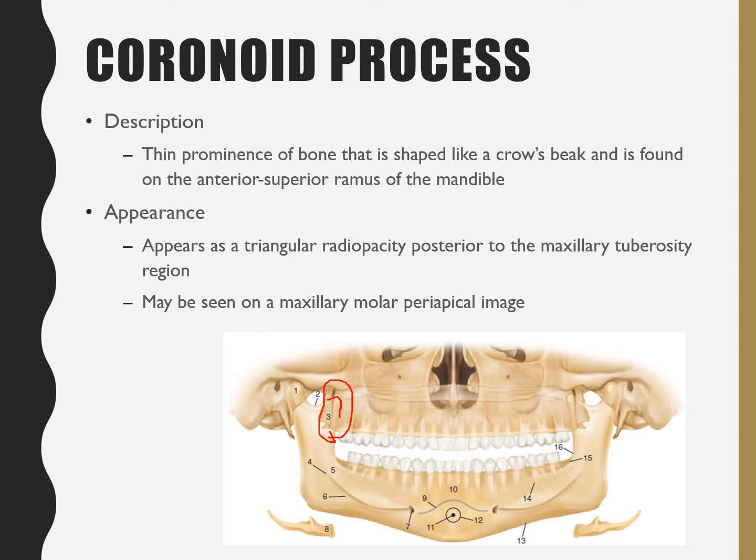And as it glides forward, that coronoid process actually glides forward and covers up the distal buccal aspect of the third molars, right? Sometimes even the second molars, depending on the person.